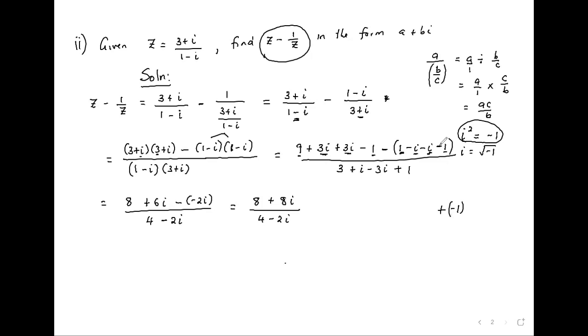You expand this as well down here. So 1 times 3, you get 3. 1 times i, you get i. Negative i times 3, you get -3i. Negative times positive, you get minus. And then i times i, you get -1, which makes this positive.